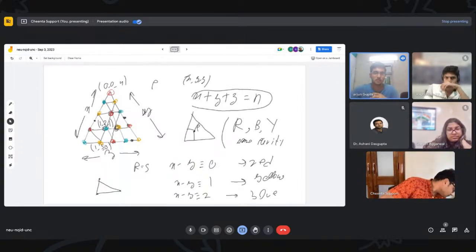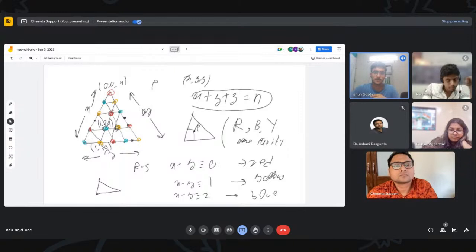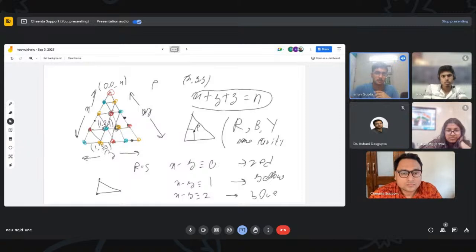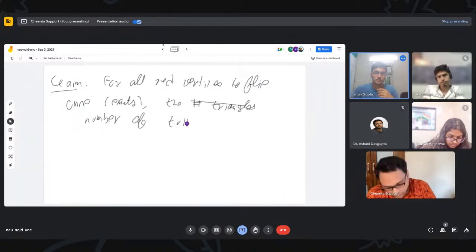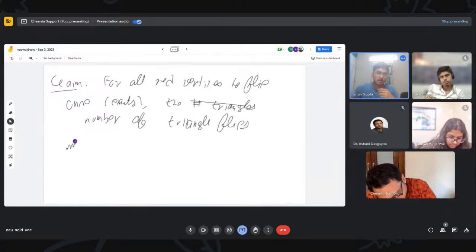For all red vertices to flip exactly once, the number of triangle flips must have the same parity as R.